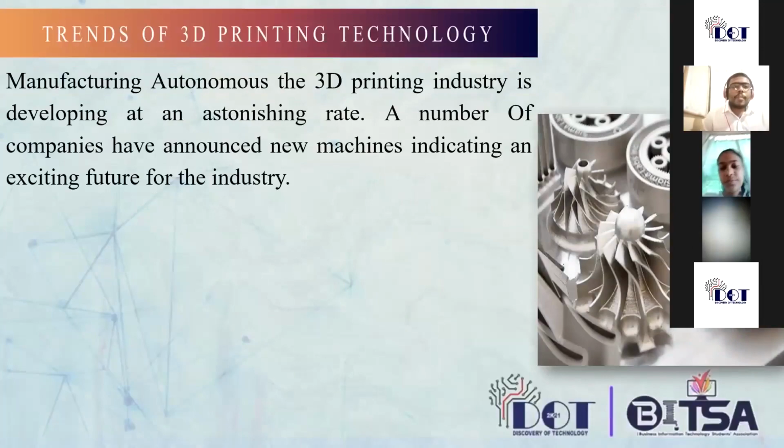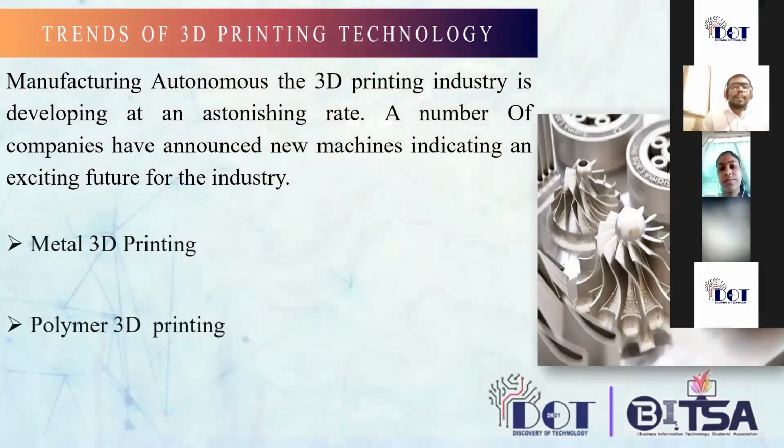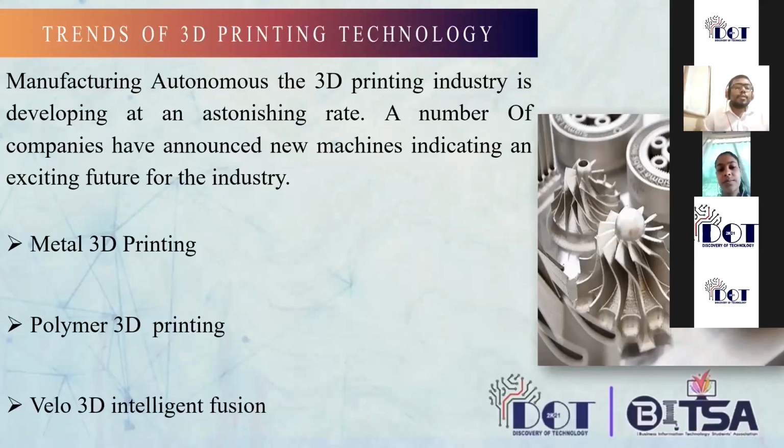Trends of 3D printing technology. There are some trends in 3D printing technology like metal 3D printing and polymer 3D printing. When we are talking about metal 3D printing, mostly we use it for interior body making of airplanes and rockets. And also polymer 3D printing, we use this technology in order to make internal body parts of the human body, and those are the trends at the moment.